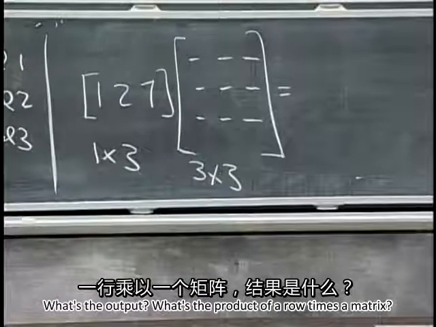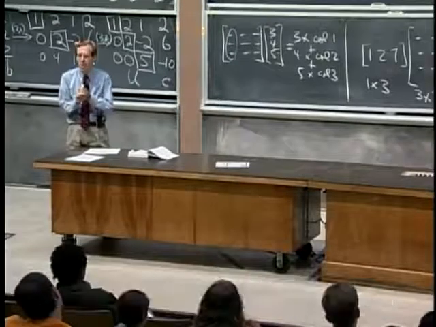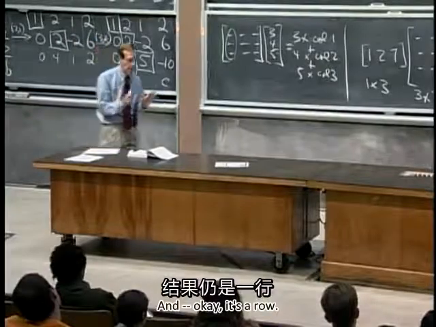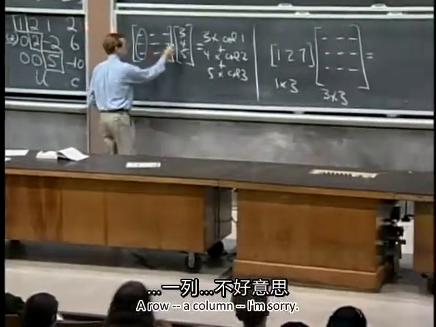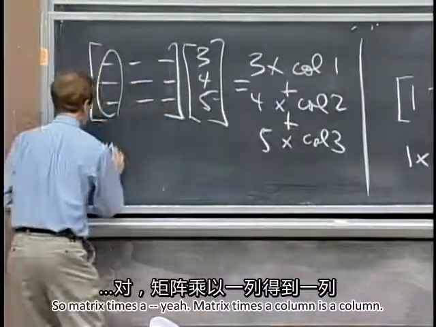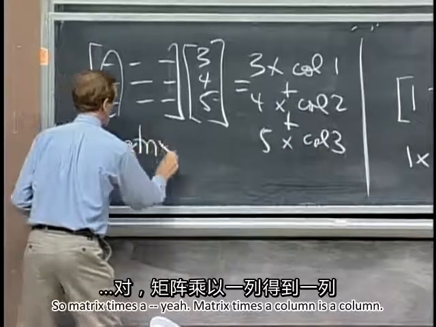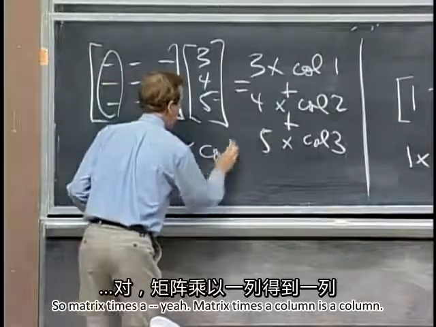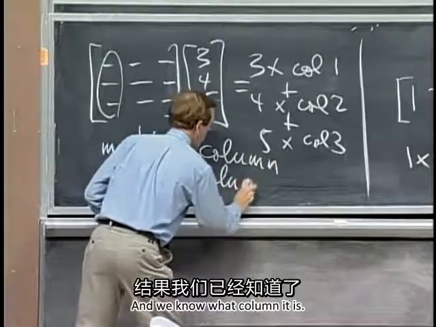What's the product of a row times a matrix? A matrix times a column is a column, and we know what column it is.